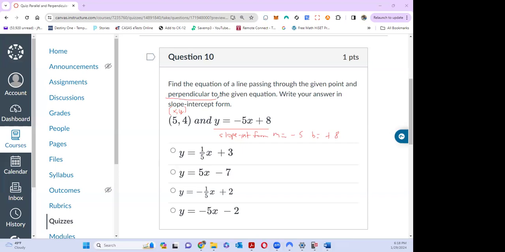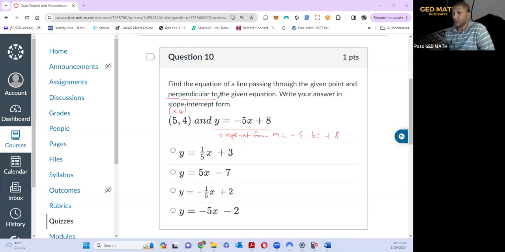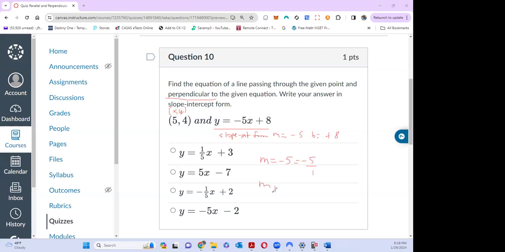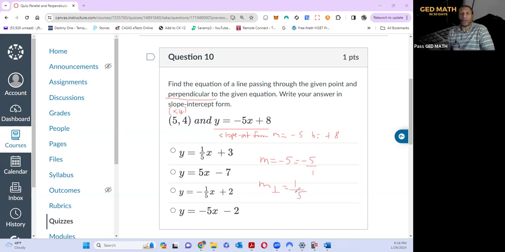So what you should say right away, this is what makes this question easy: if I know the slope is -5, which is -5/1, what's the slope of a line that's perpendicular? It's 1/5. So I know the slope of my perpendicular line must be 1/5.